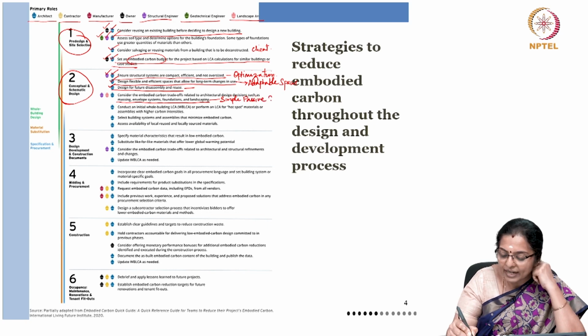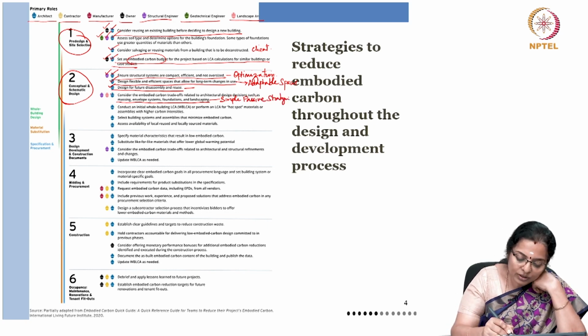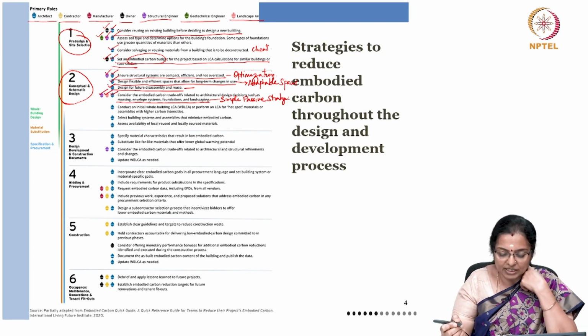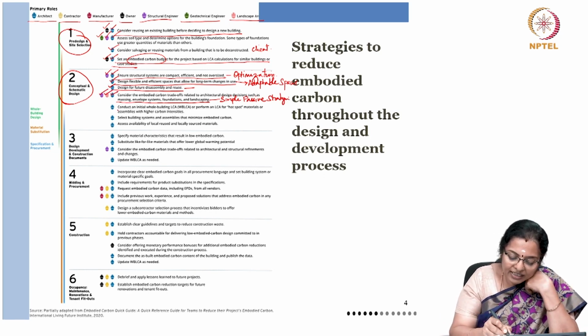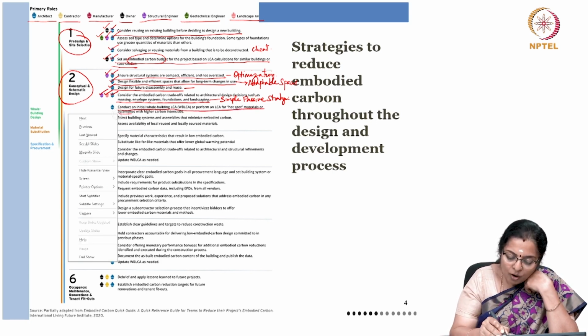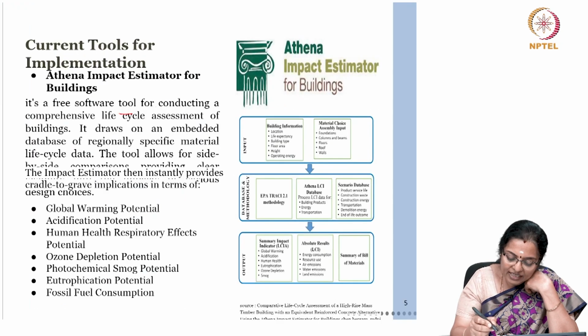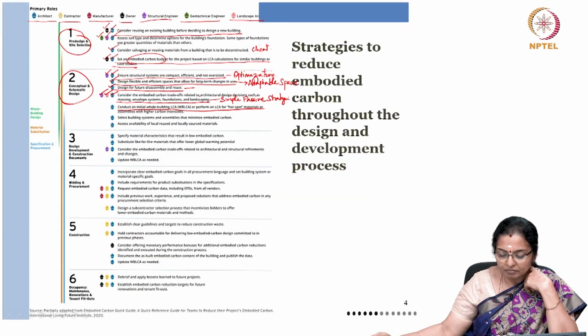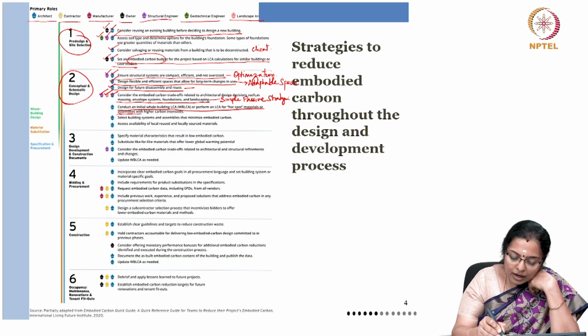It is the role of the architect along with the landscape architect and the structural engineer. Conduct an initial whole building LCA or perform an LCA for hotspot materials or assemblies with high carbon intensity.